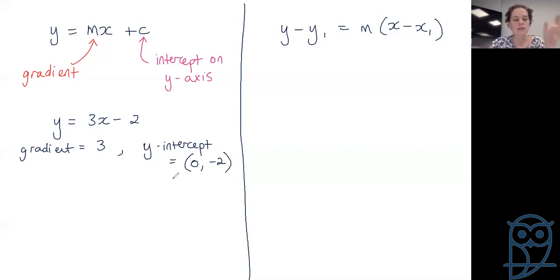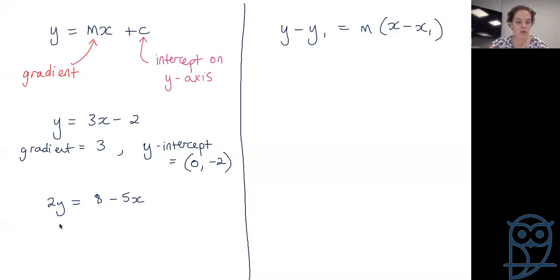So when you're aiming for an answer, you're aiming to put it into this. But bear in mind, if you had something like 2y equals 8 minus 5x, we don't have y equals mx plus c here. We would need to rearrange first.